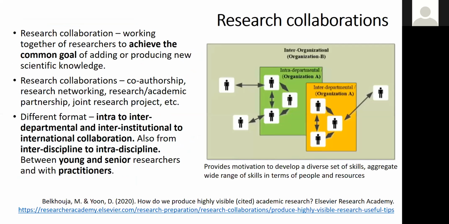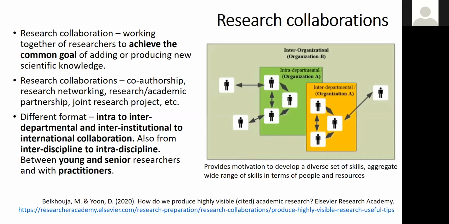If you look at all this, research collaboration is key, because by working together with researchers across the globe, you're going to achieve a common goal, and you're going to ride on their expertise to produce a particular work.